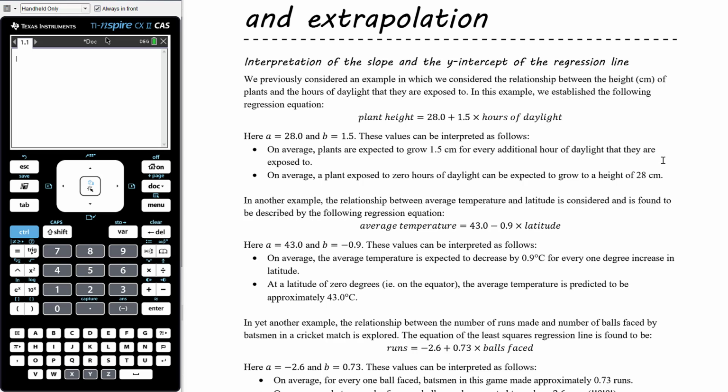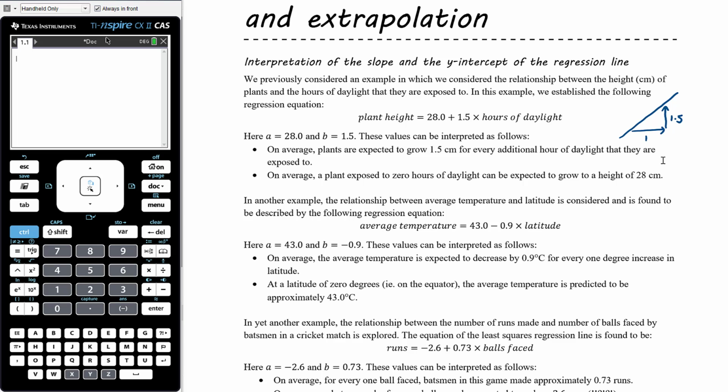Okay, if we know the gradient is 1.5, so this is about understanding of what gradient is. A line with a gradient of 1.5 means that for every one step across, sorry, I should have drawn a slightly steeper line than that, for every one step across, it goes 1.5 up. That's what a gradient of 1.5 means.